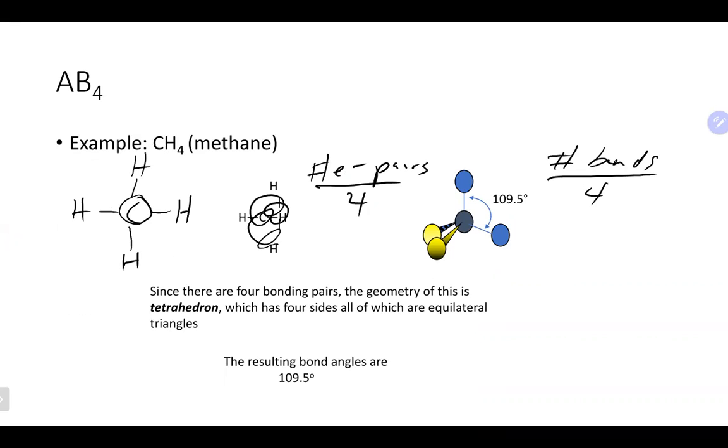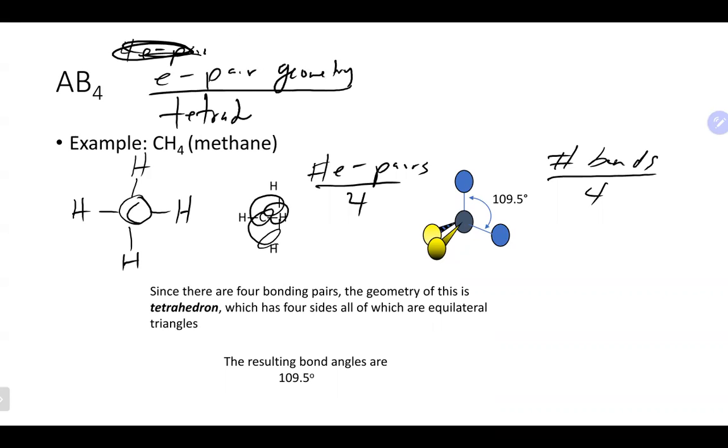Something with 4 electron pairs has an electron pair geometry name of tetrahedral and a molecular geometry name of tetrahedral as well. It ends up being a bond angle about 109.5.